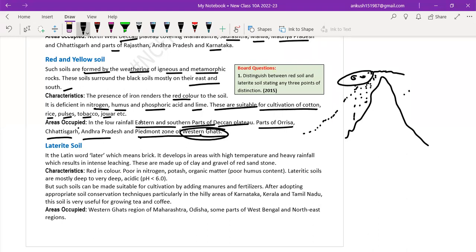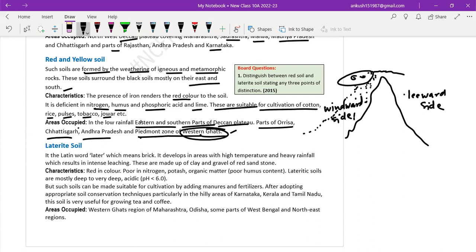So this is called leeward side and this is called windward side, because these clouds are falling their rain on this side only. That is what happened here in Western Ghat as well.